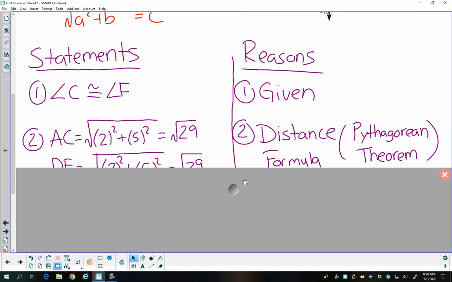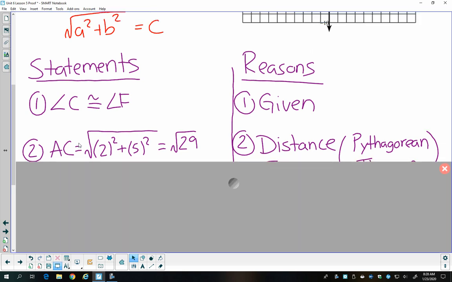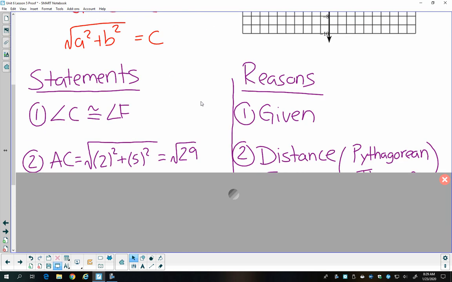So for AC, the x values of A and C, -7 and -5, are 2 units apart. The y values 8 and 3 are 5 units apart, and so I plug 2 and 5 in here for a squared and b squared to get AC to be the square root of 29 long.